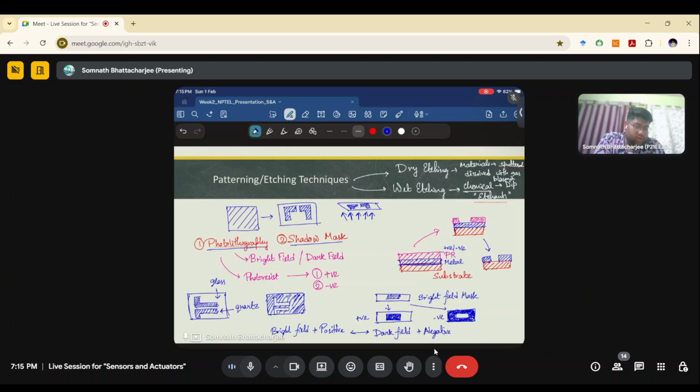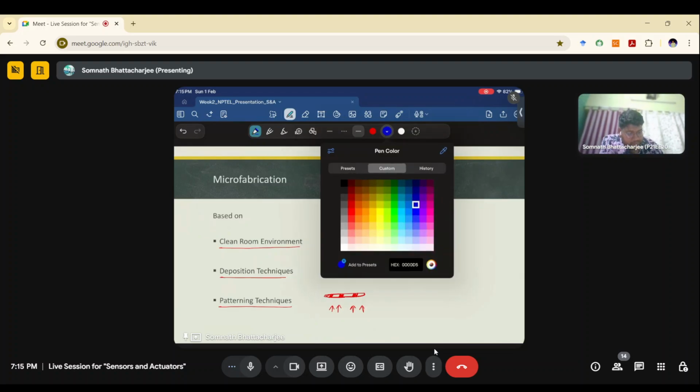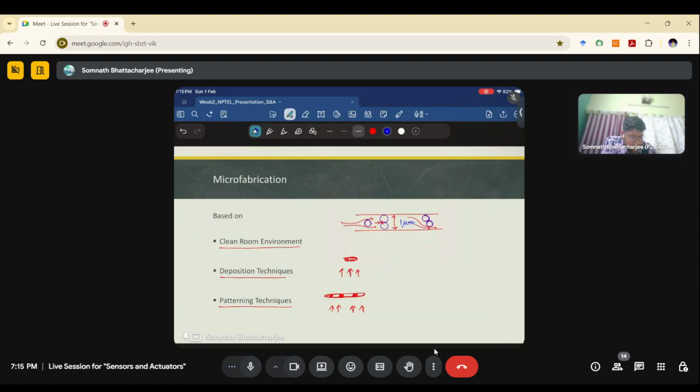Let me go from this. If I have a free space, I guess, yeah, I have a free space here. Let's say you have a space like this, and you need to pattern a triangle out of it.